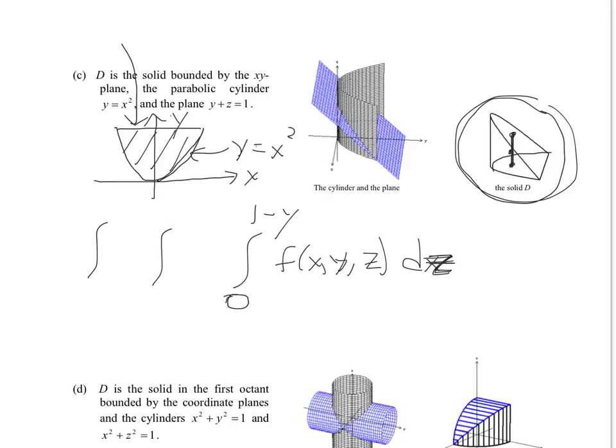Question is, how high is that horizontal line? That's going to be an important thing to know. Well, to determine that, you need to realize that this horizontal line is determined by where this plane intersects the xy plane. So we have the plane y plus z equals 1.